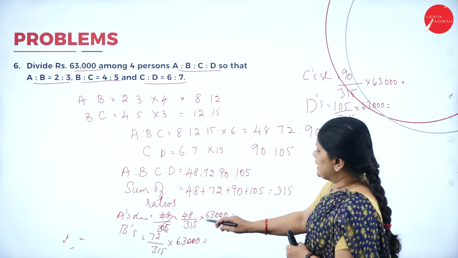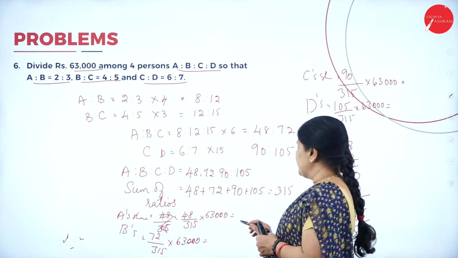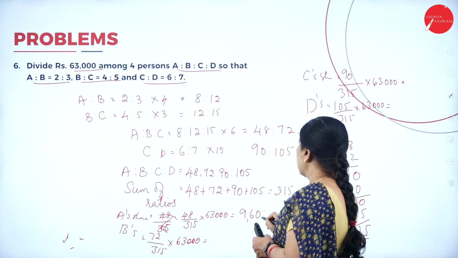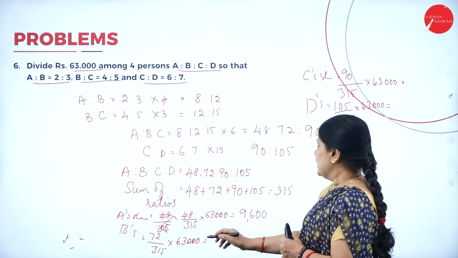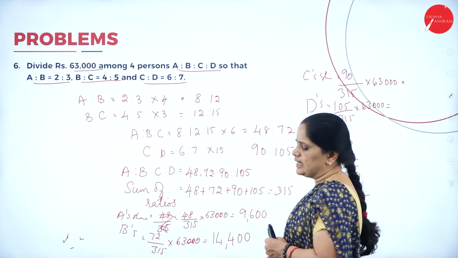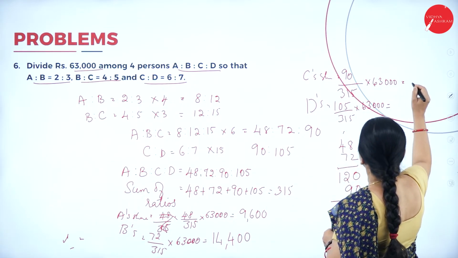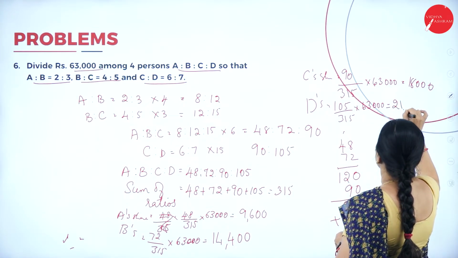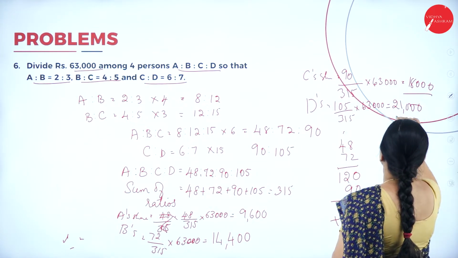So what is the answer we are getting? When we simplify this, 48 by 315 into 63,000, I get the answer as 9,600. Then the next is 14,400. Then the next will be 18,000 and the last one is 21,000.